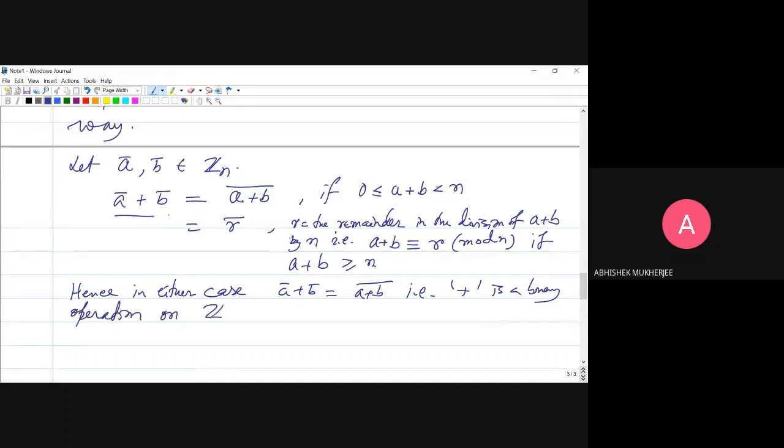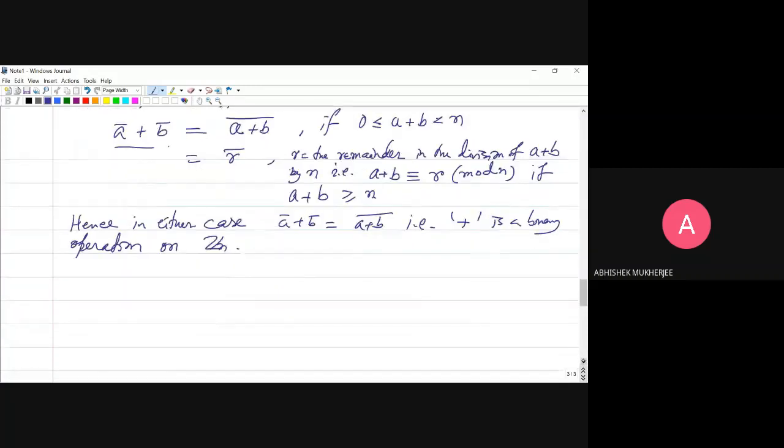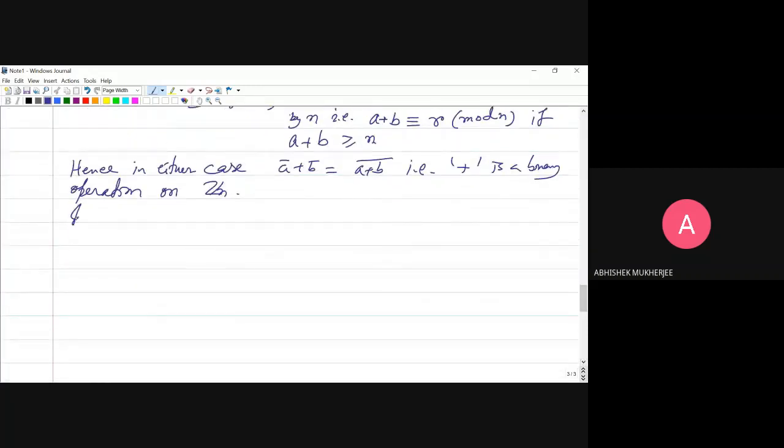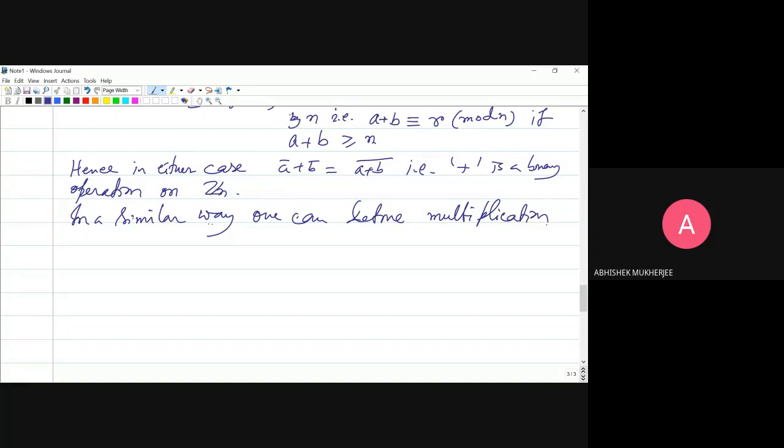On Zn. In a similar way, one can define multiplication on Zn.